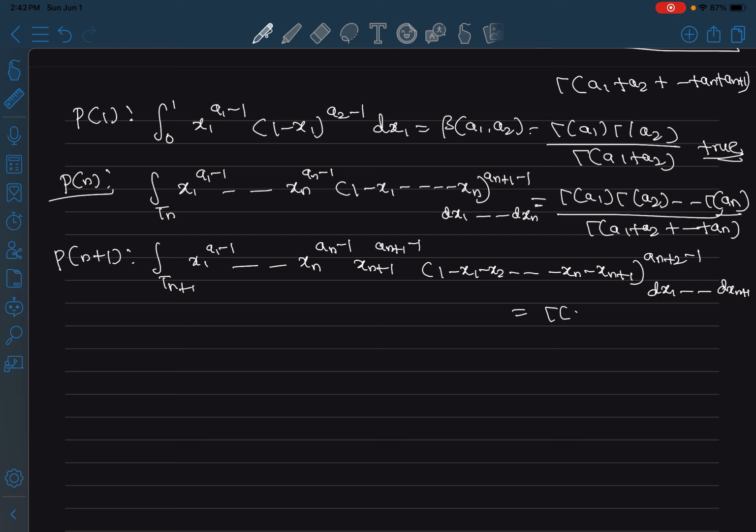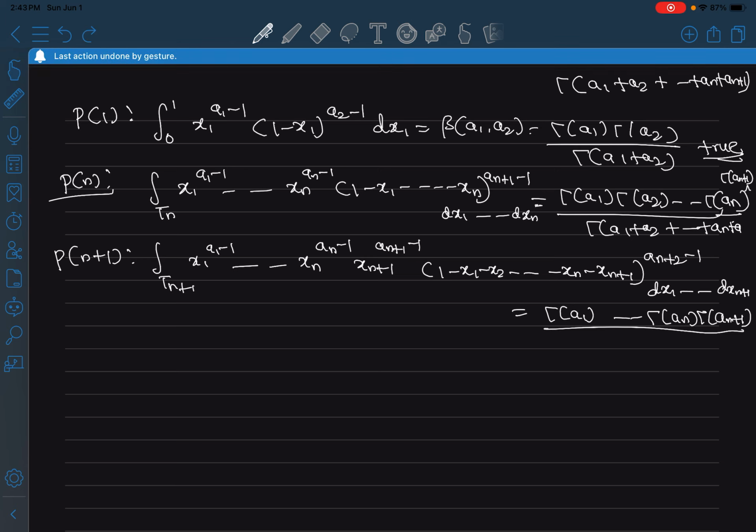And this equals the product of all these gammas up to a_{n+1}, and then the sum of... I forgot, I'm missing something. Over here, there will also be gamma of a_{n+1}. Guys, there are a lot of things, so there's always a chance I will forget something.